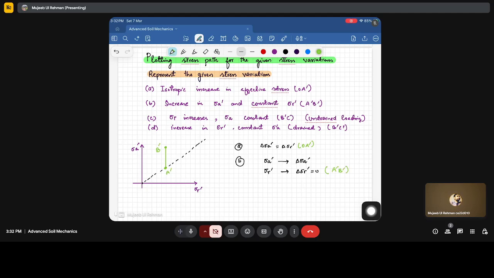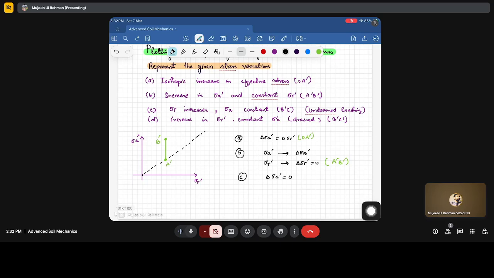Because the naming is given here as A dash B dash, now we have delta sigma r increasing. C is where sigma r increases and sigma a is constant, so the change in sigma a dash is 0.